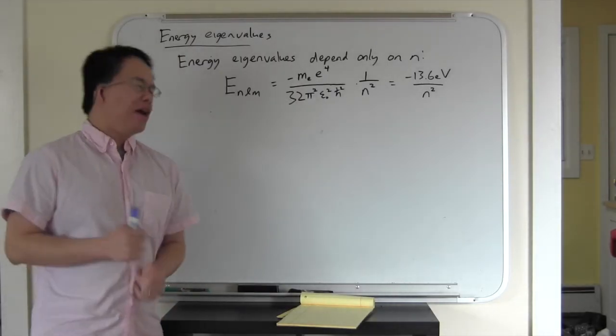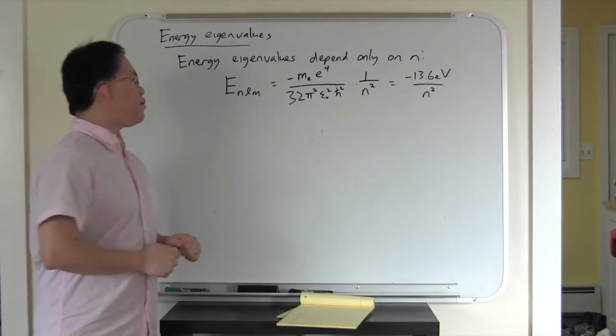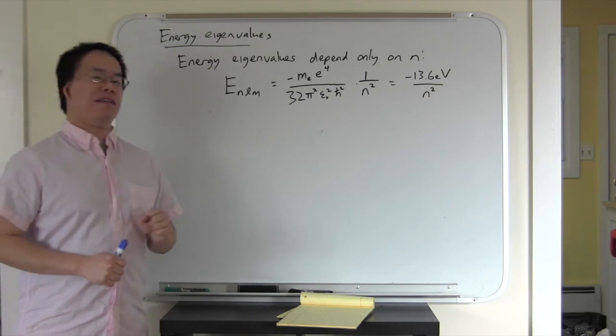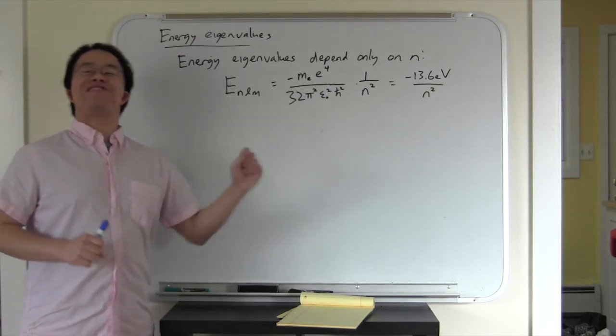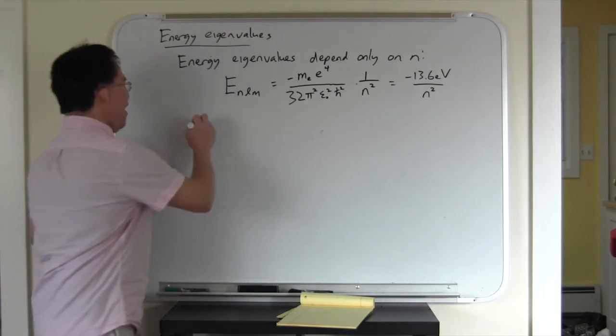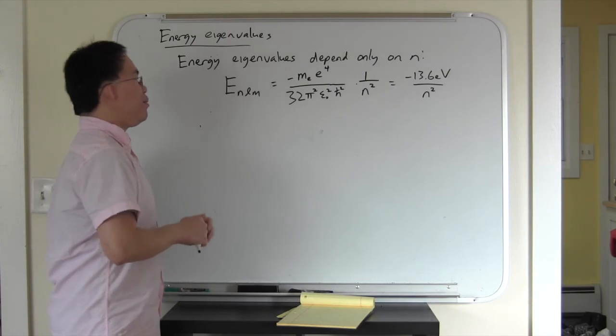We come now finally to the energy eigenvalues themselves. So it turns out that the energy eigenvalues look like this. Namely, this is exactly the same as what the Bohr atom model of hydrogen predicts.